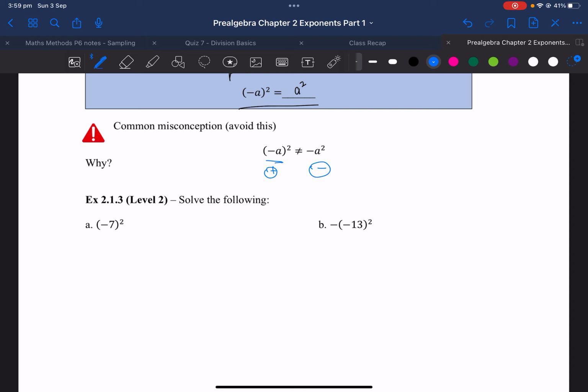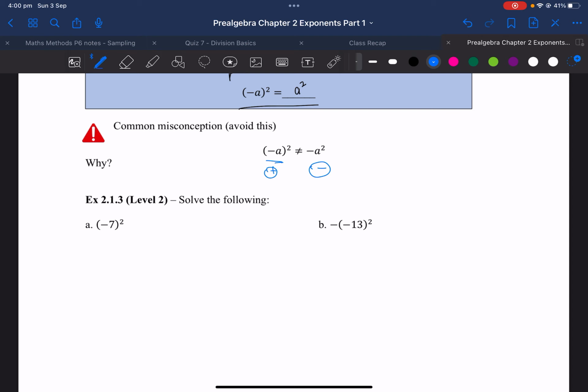Isn't negation like, if it was negative 13, the negation of that would be positive 13? Yeah. Okay. 13 squared, careful. 3 times 3 is 9. 3 plus 3 is? 13 times 13 is 169.